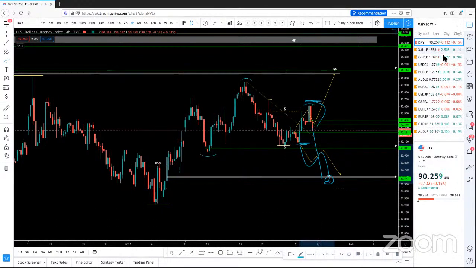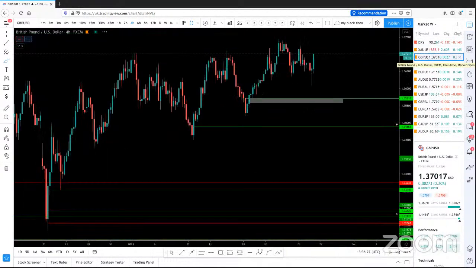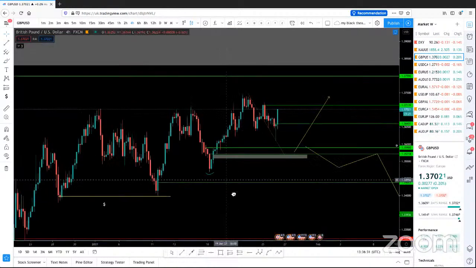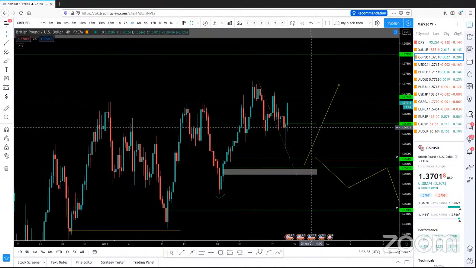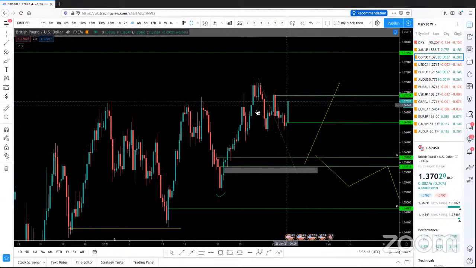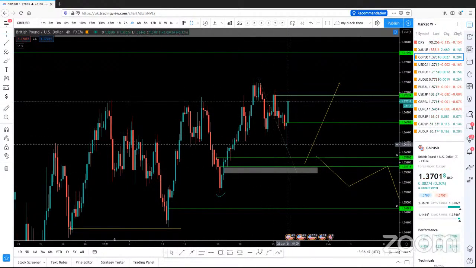So let's move on to GBP USD. GBP USD is still in bullish momentum and a bullish trend. We had a nice push up and then a little retracement here.